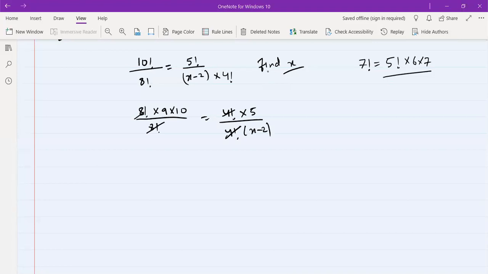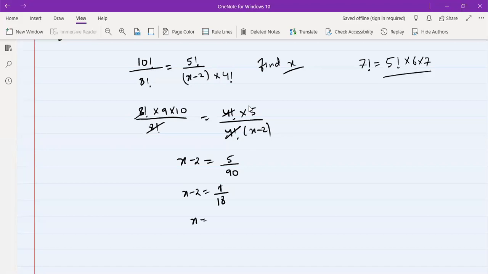Now if you cross multiply, you will get x minus 2 is equal to 5 by 90, or x minus 2 is equal to 1 by 18.